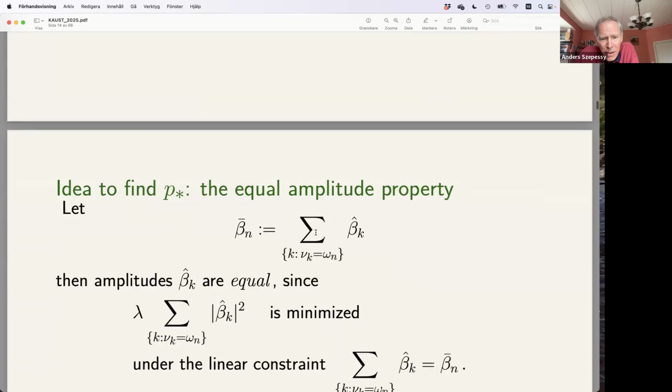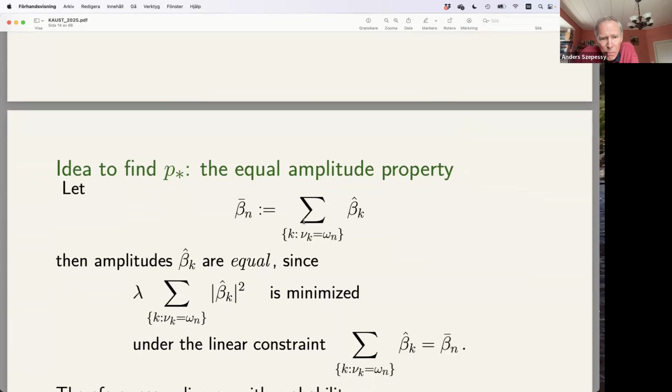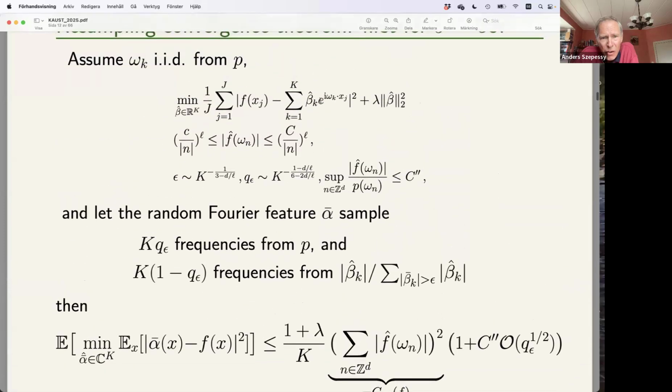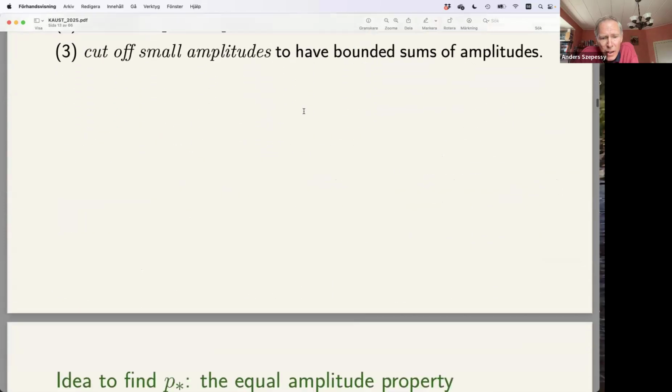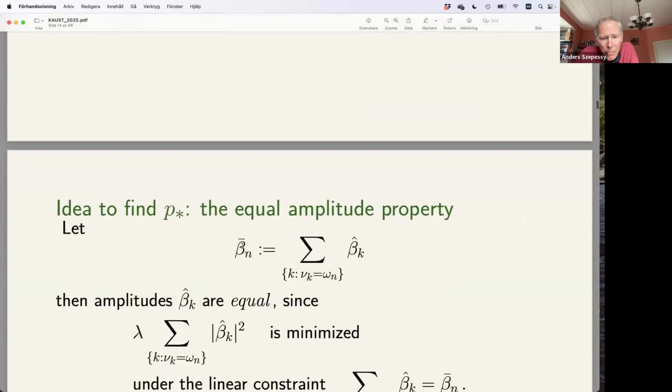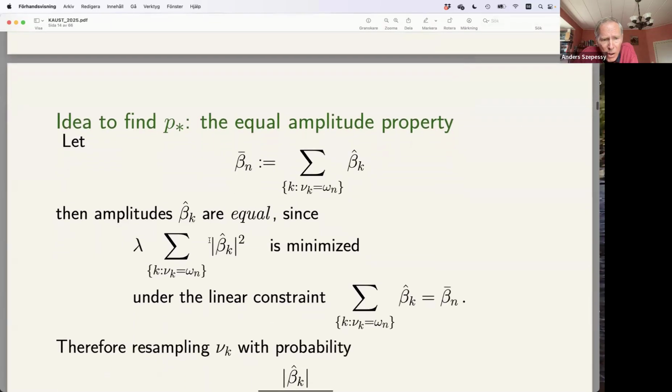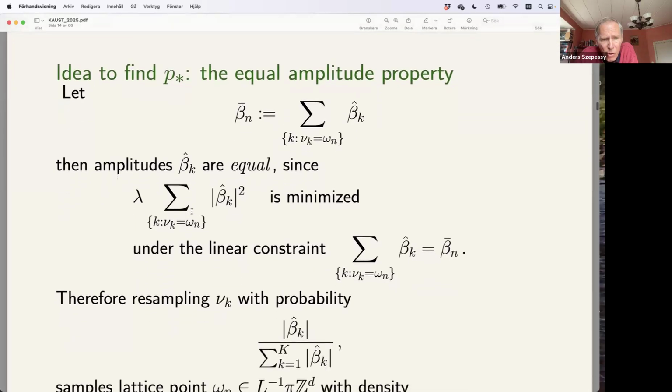The least squares problem in the first term only sees the constraint that the sum is equal to that. And then in the formulation, one needs to minimize the square norm here, and that is minimized when they are equal. So now we know that all of these are equal.